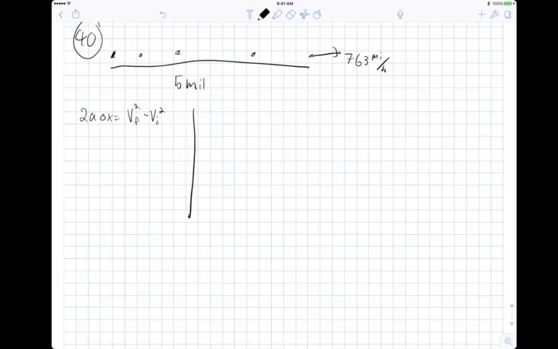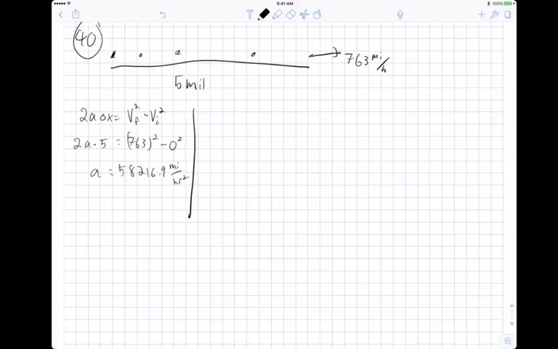So it's 763 squared minus 0 squared, equals 2a times 5. So a is 763 times 763 divided by 10, which is 508,216.9 miles per hour squared.